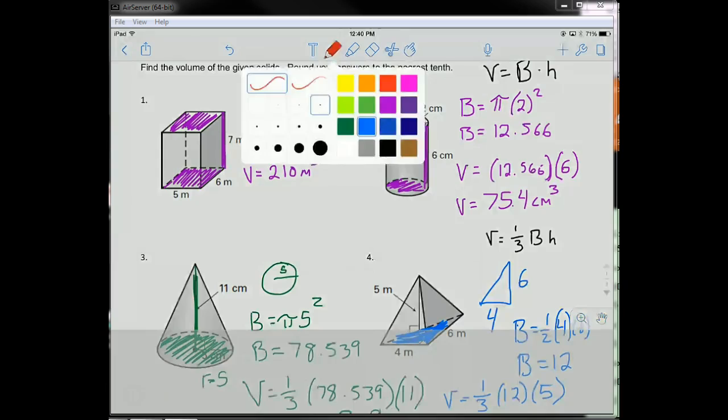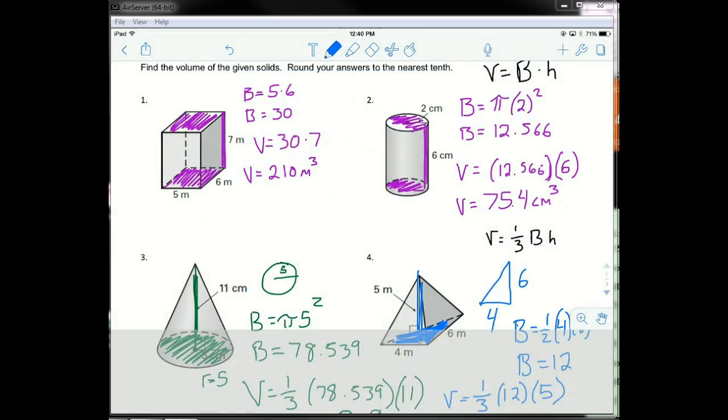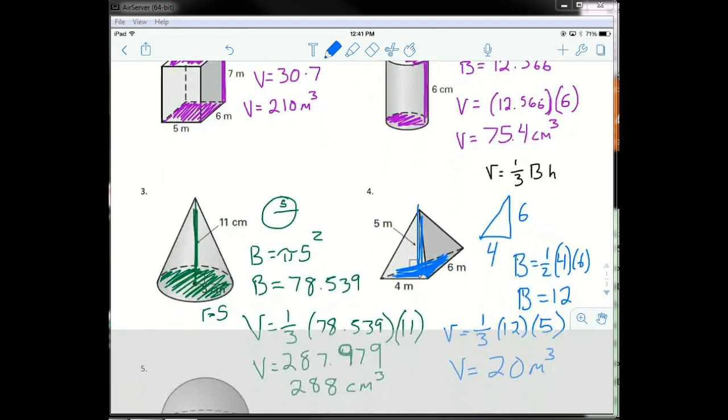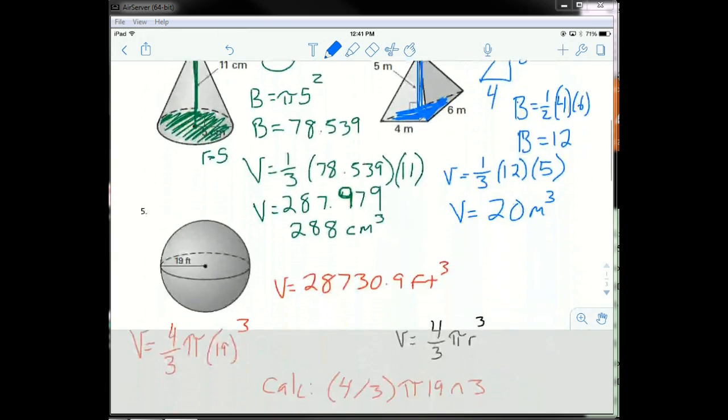Alright, if you have 2 bases, as we did with the 2 purple ones here, then of course you're looking for area of the base times height. If you have 1 base that comes to a point, you're going to have 1/3 area of the base times the height. And then lastly, of course, your sphere formula. This is one you'll just have to look on your formula sheet, 4/3 pi r cubed.